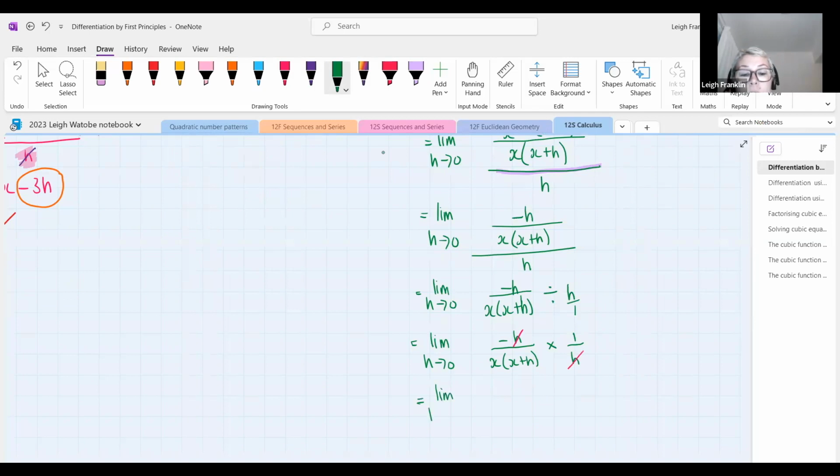Our limit as h tends to 0. So now when we're working with fractions, we multiply numerators and we multiply denominators. So negative 1 times 1 would give us negative 1. And at the bottom, we've got x times x plus h.